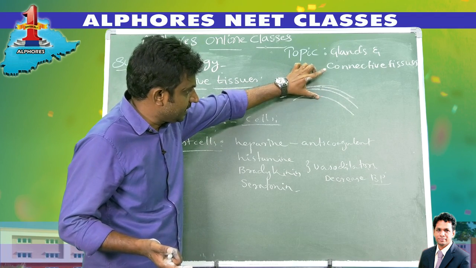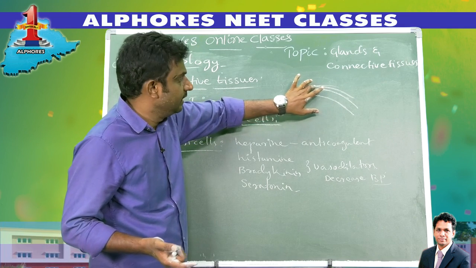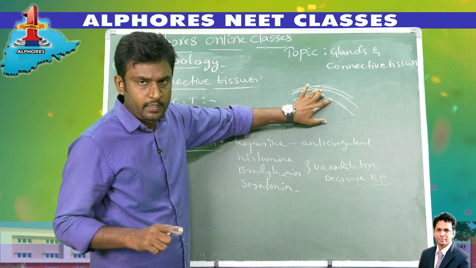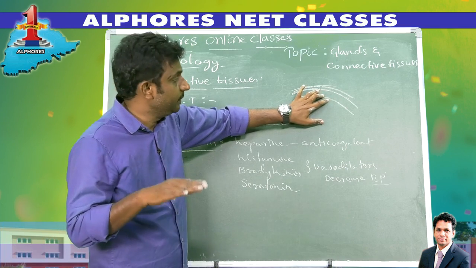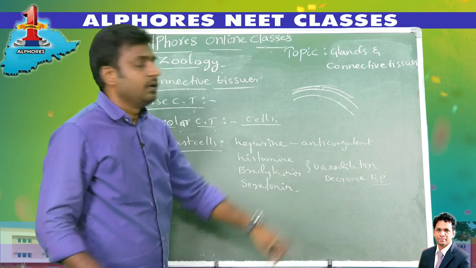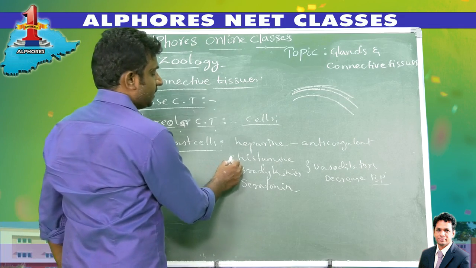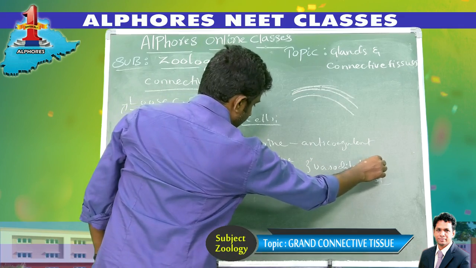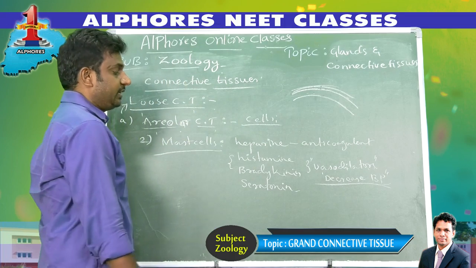Due to the relaxation, the flow of blood inside the blood vessel becomes very slow, not fast. That's why BP decreases. So histamine and bradykinin are the vasodilators which decrease the BP.